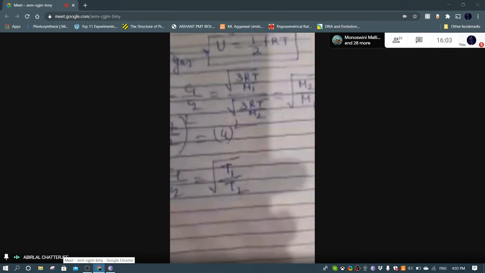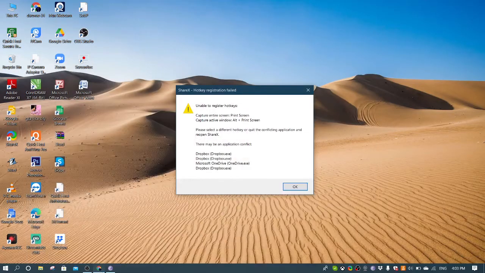So 68.28 Kelvin. Okay, so c1 by c2 equals root over t1 by t2, you know, just now in the previous sum I did root over 3RT by M, for a given gas. For a given gas, c1 by c2 equals root over t1 by t2.